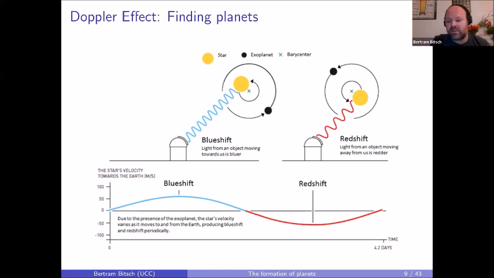So we will have larger shifts in this velocity for larger planets, and we will have smaller shifts for smaller planets. And this means directly that it is much, much more difficult to find smaller planets, because this change in the velocity will become not meters, as it is here shown in the diagram, but will go towards centimeters. And that becomes very, very hard and very, very difficult to observe with a telescope.